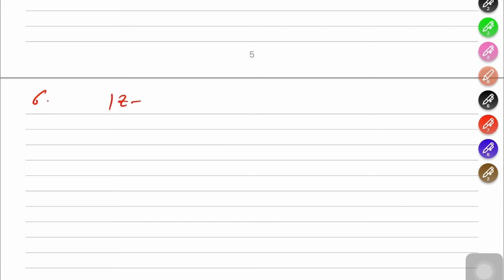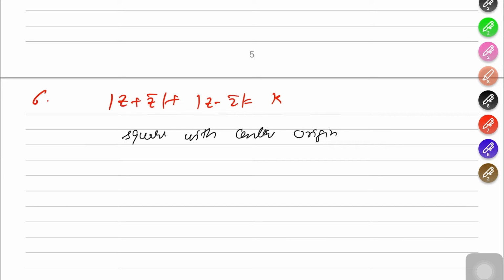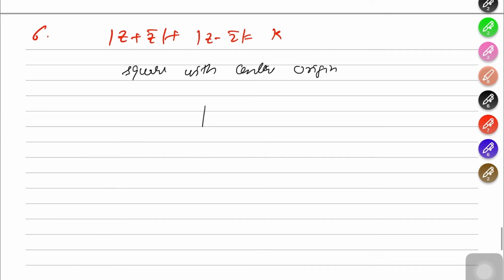Next, mod of Z plus Z bar plus mod of Z minus Z bar is equal to K. In this case, the locus is a square with center at the origin.